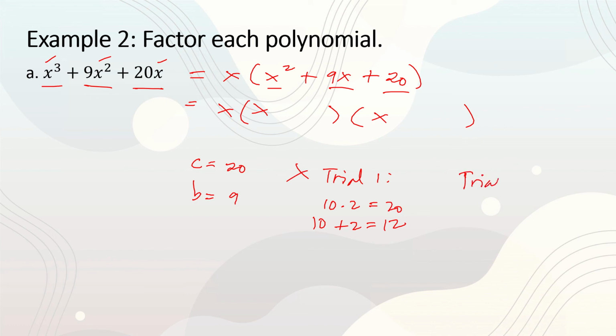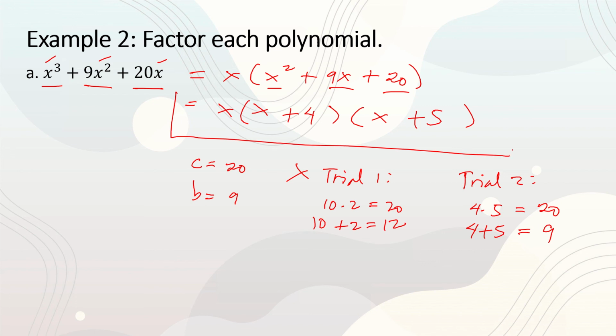So what must be the correct combination? It must be 4 times 5. 4 times 5 is 20, but when you add it, it's equal to 9, which is our B. So the correct combination is plus 4, then plus 5. So this is the correct answer.